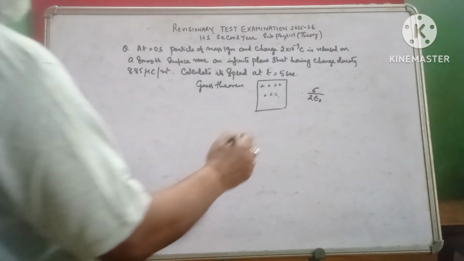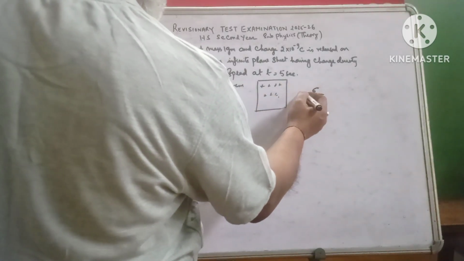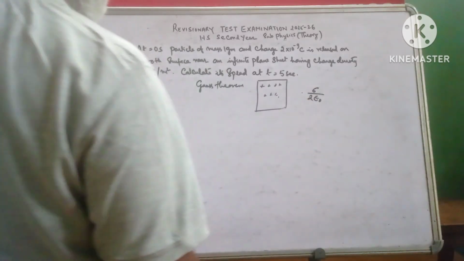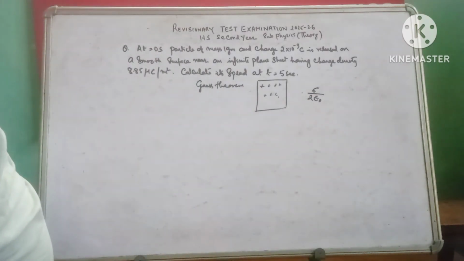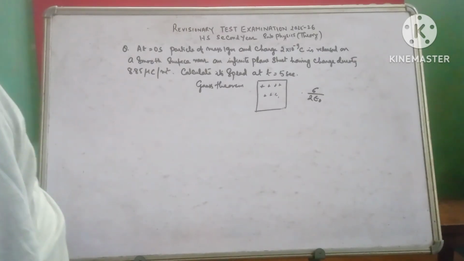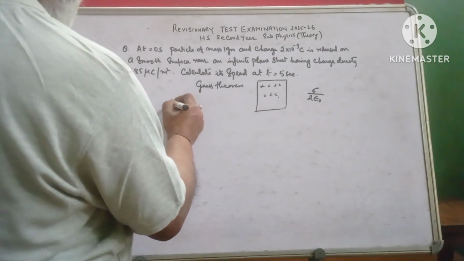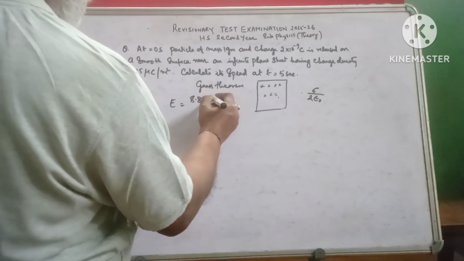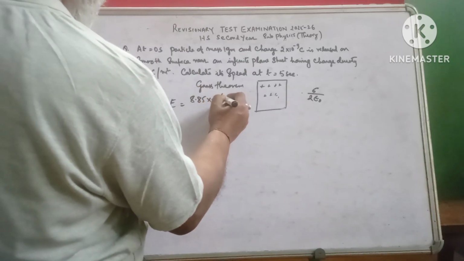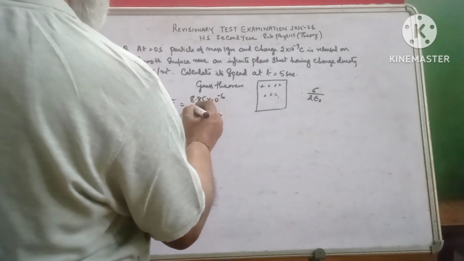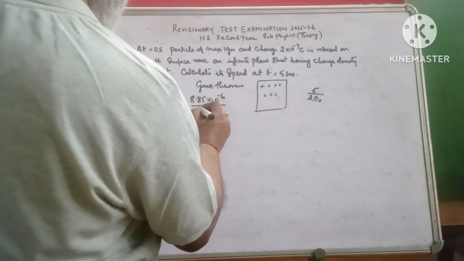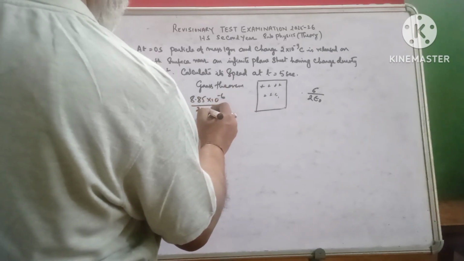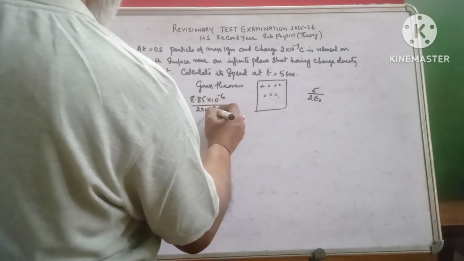So here the charge density is 8.85 micro, that means 10 to the power of minus 6, and the charge is 2 into 10 to the power of minus 9.